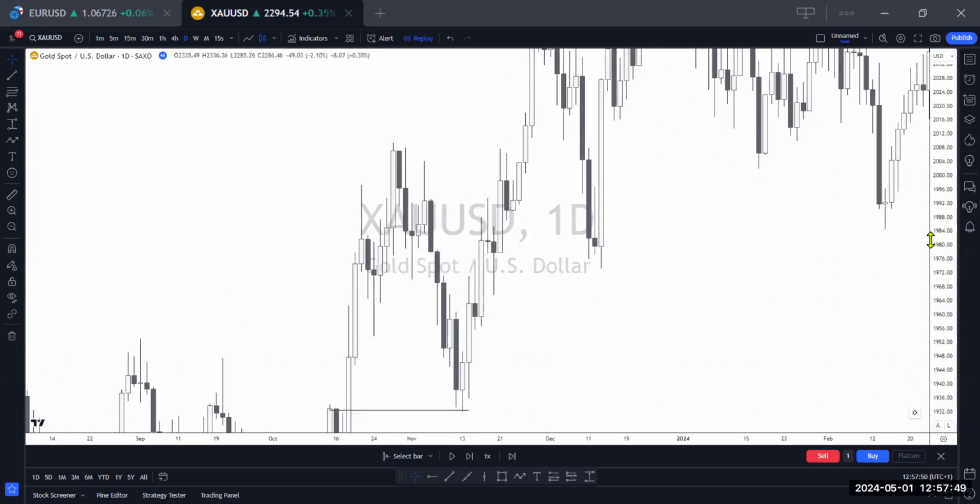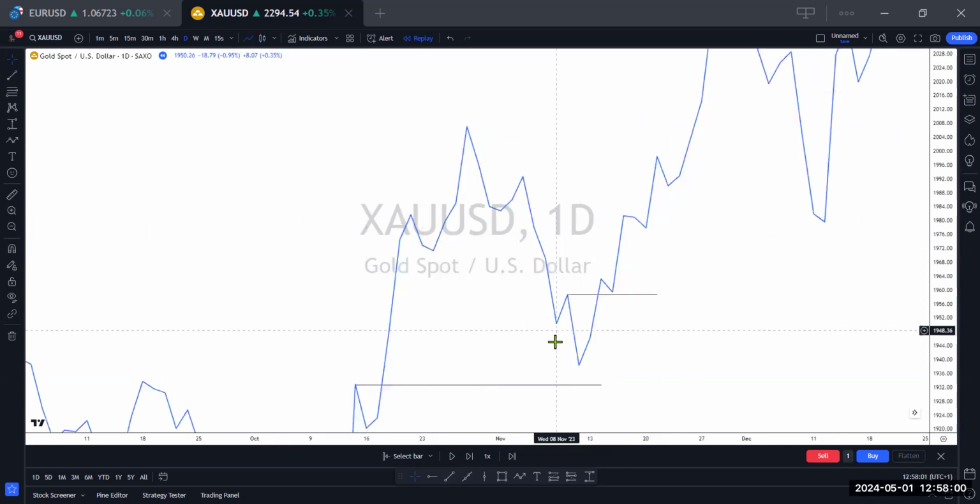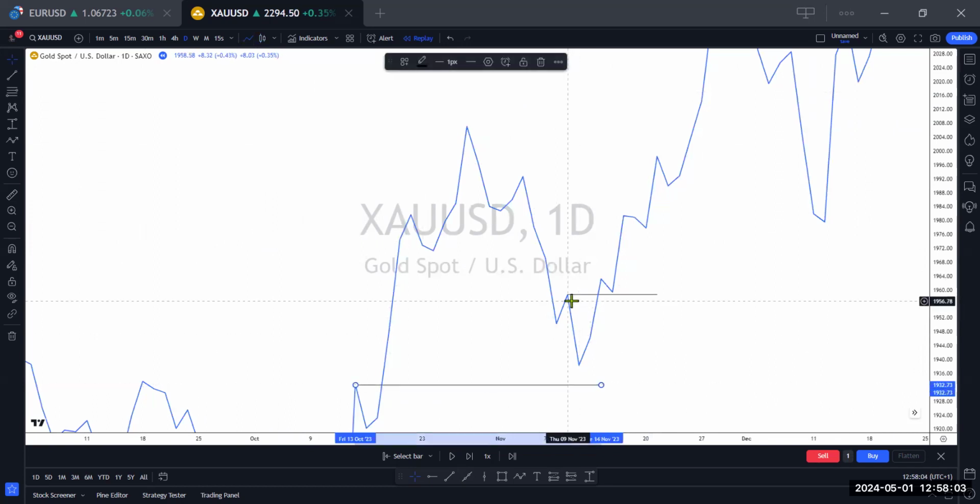Another daily SNR level, right? So my first target is going to be this, the next SNR level, if you agree with me. So daily support to daily resistance. That's storyline.